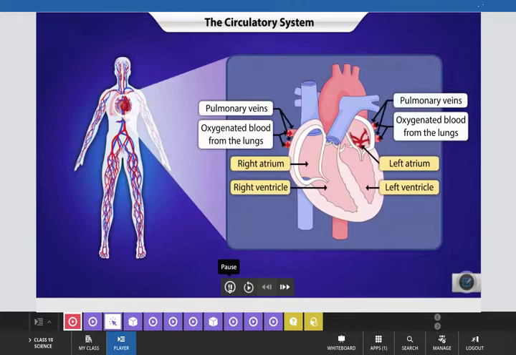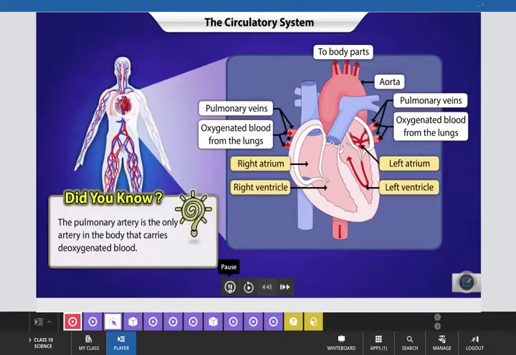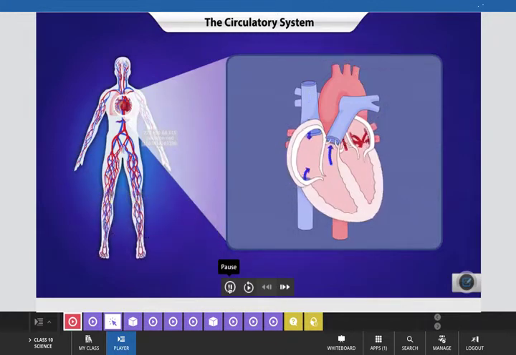The left atrium contracts and the blood enters the left ventricle. The left ventricle is the most muscular chamber of the heart, as it must pump blood to all parts of the body. When the left ventricle contracts, it pumps the oxygenated blood to the body via the aorta. The pulmonary artery is the only artery in the body.